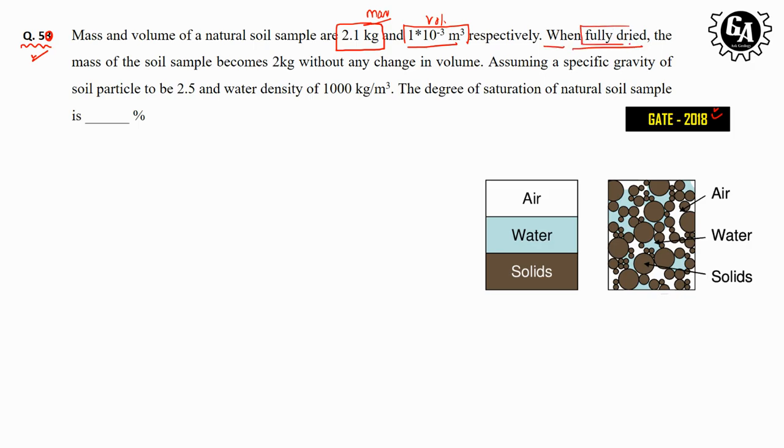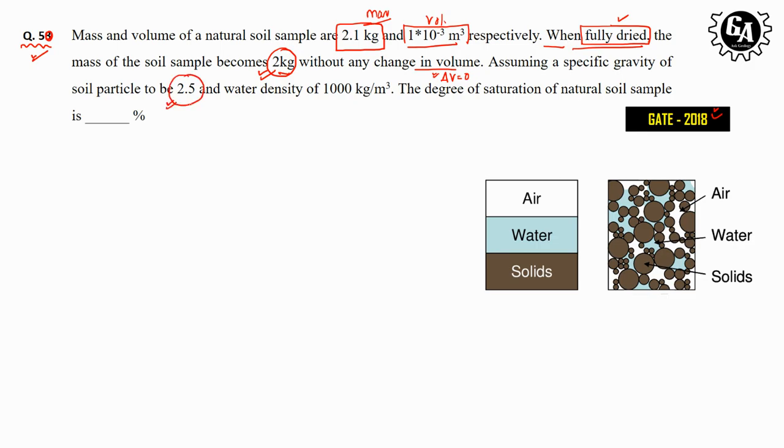When fully dried, meaning there is no water, the mass of the soil sample becomes 2.0 kg without any change in volume. Without any change in volume means del V is equal to 0.